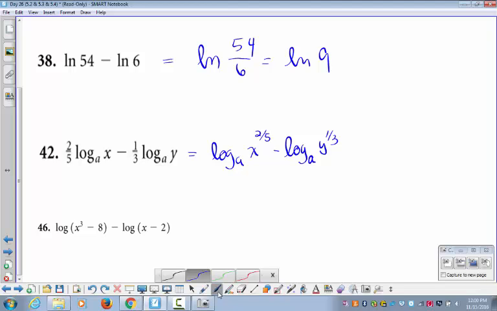Then we can apply the quotient rule, once we have those coefficients jacked up into the exponent position. And that would be our final answer.